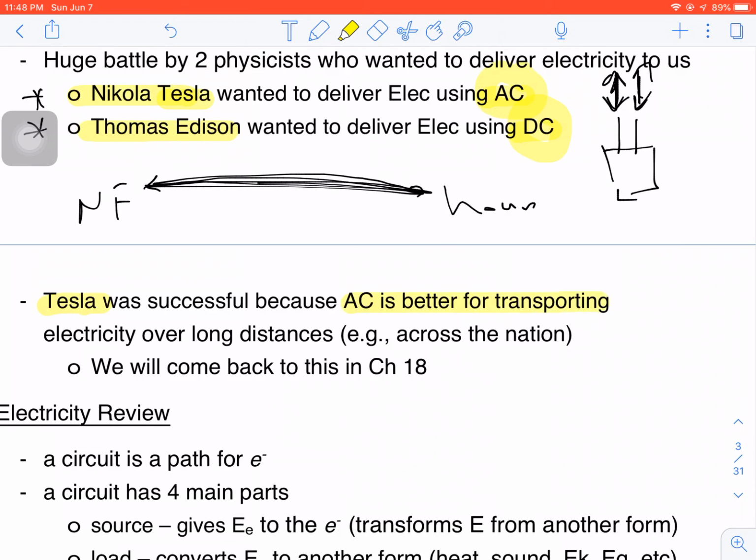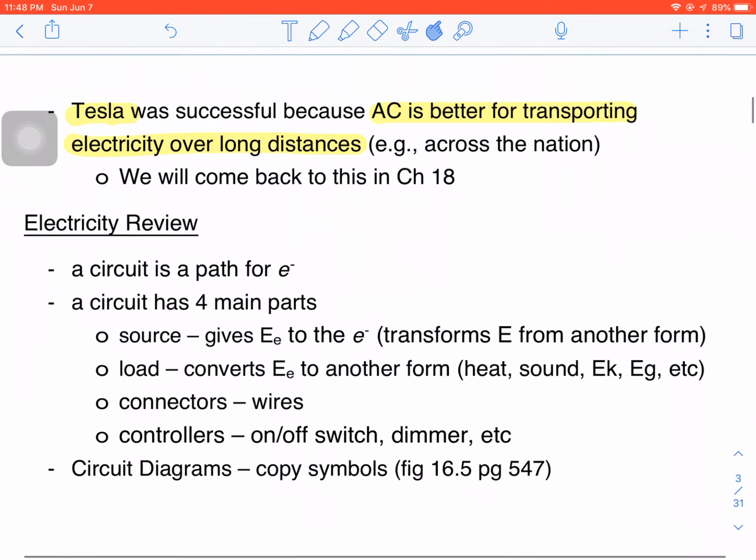Some of those are huge distances, maybe up to Thunder Bay, which is a 15-hour drive. Electricity's got to travel a long way. It turns out AC electricity travels better, and we're going to talk about why that is. But if we have to transport it across a province, across a country, long distances, we need one that's going to transport well.